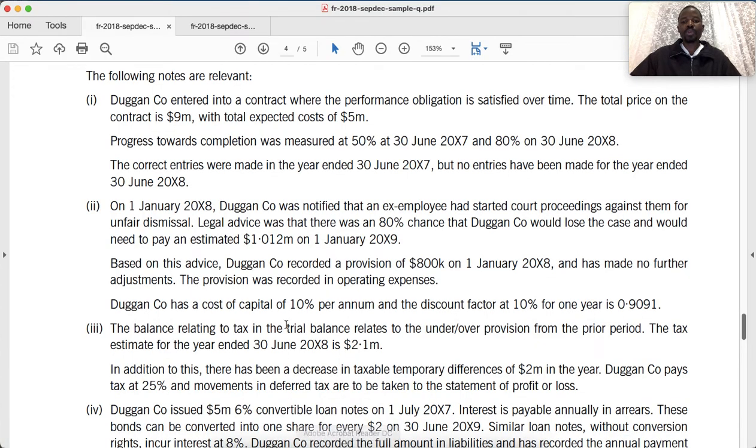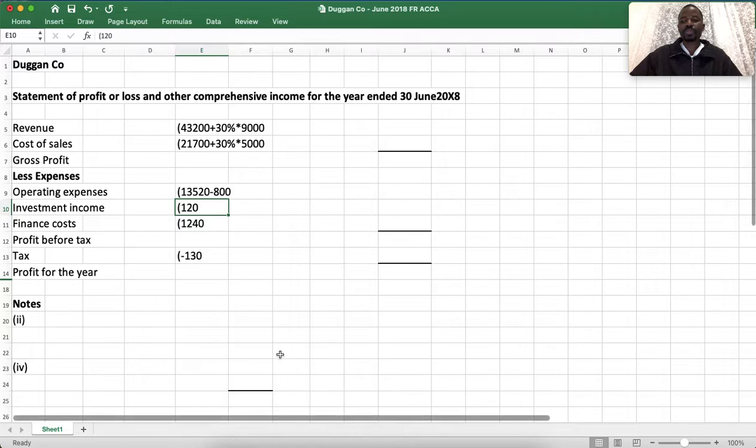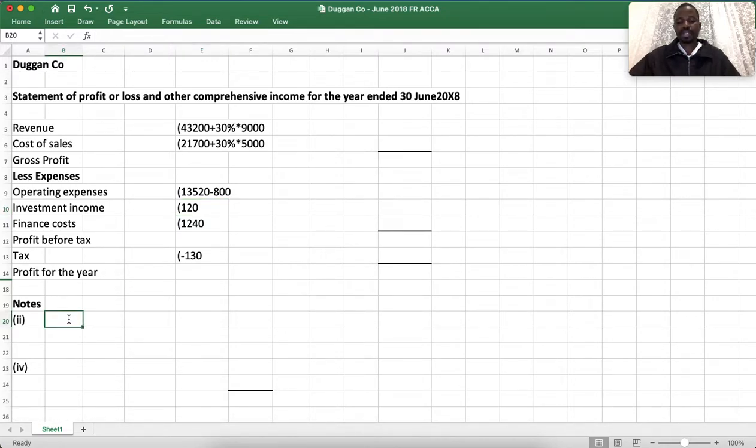Then we have to calculate the correct expected value of the present value of the payment. So what we are going to do, we are going to say provision.